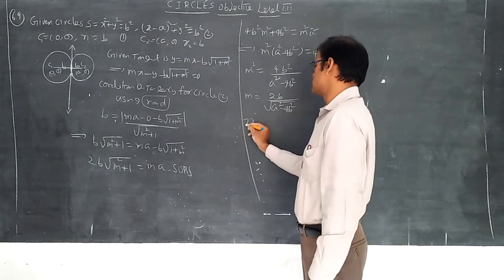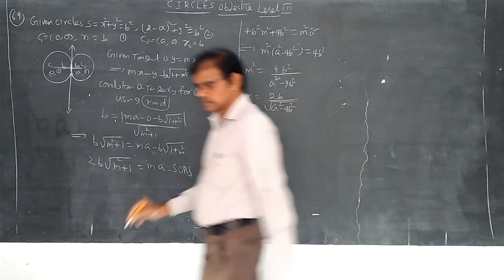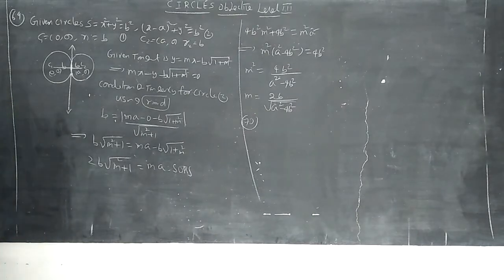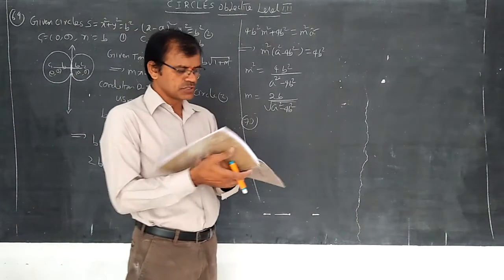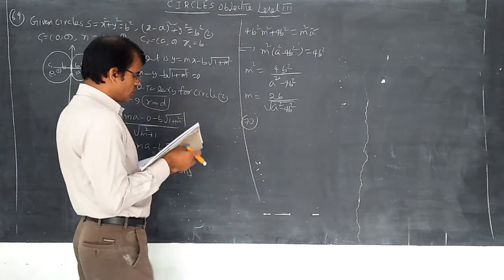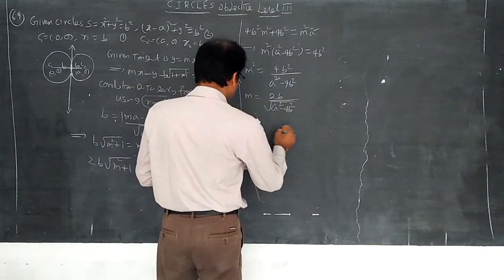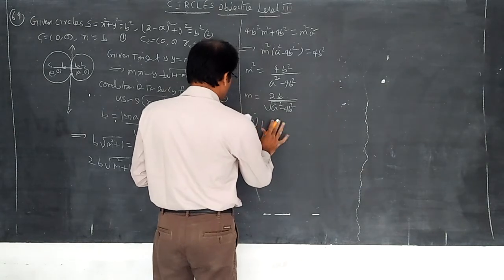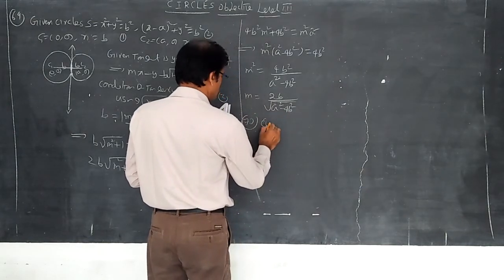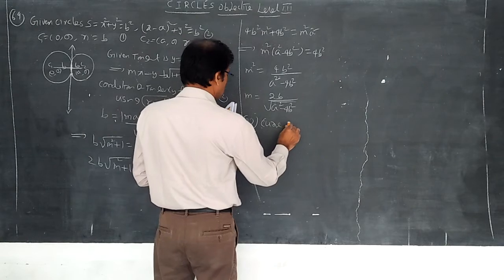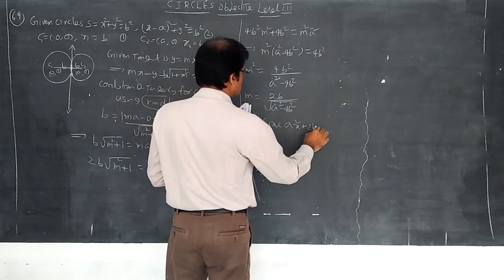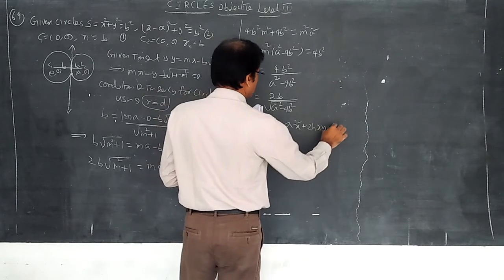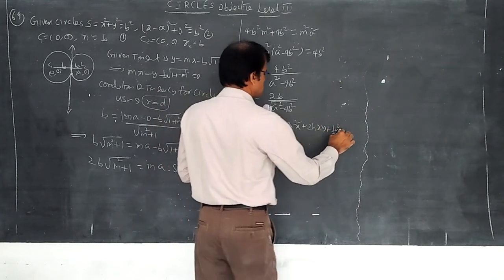Now let us discuss the 70th question. The line lx + my + n = 0 intersects the curve ax² + 2hxy + by² = 1.